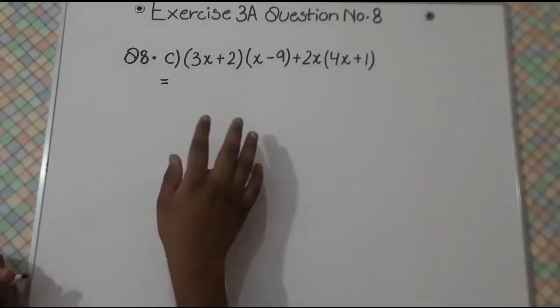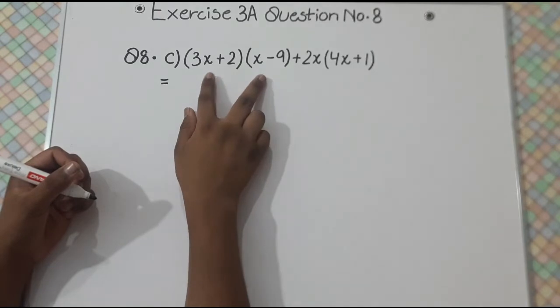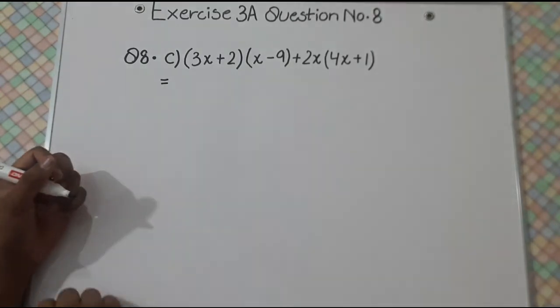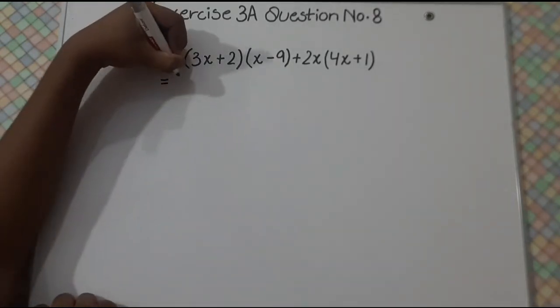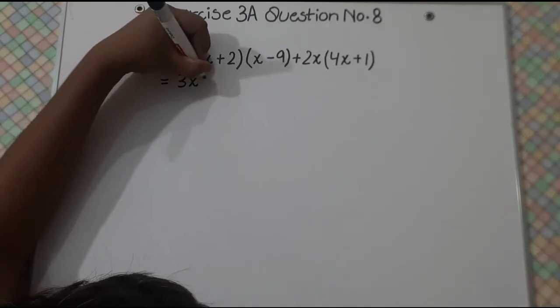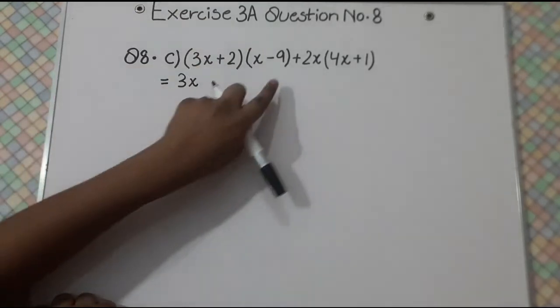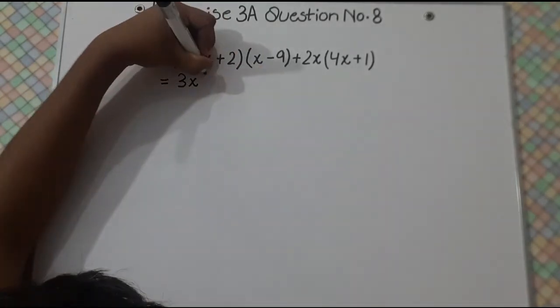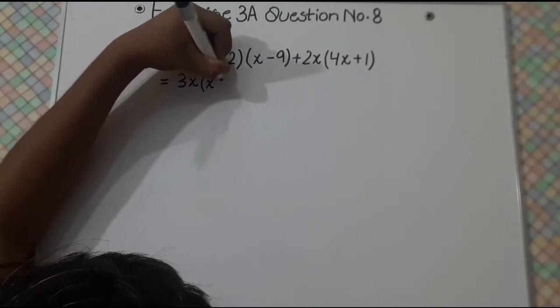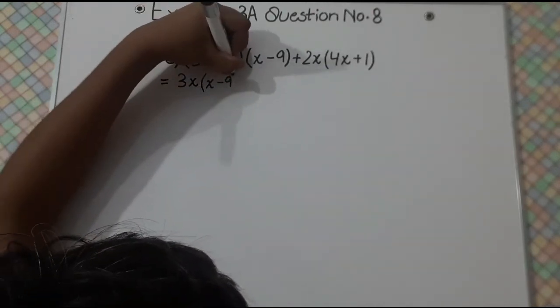We are going to follow the same steps as we followed in the previous two parts for expanding two brackets. We are going to write 3x plus, we are going to write x minus 9 in brackets, x minus 9.